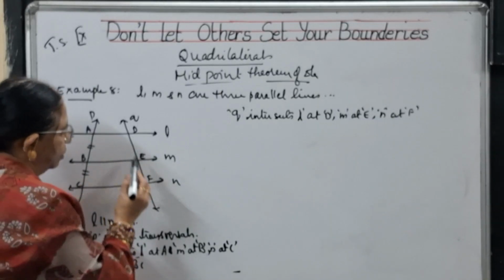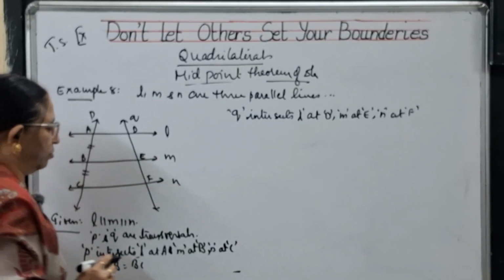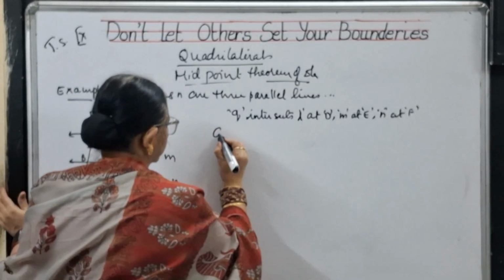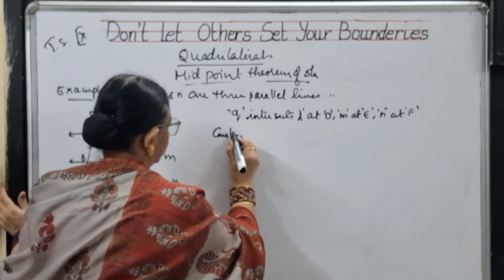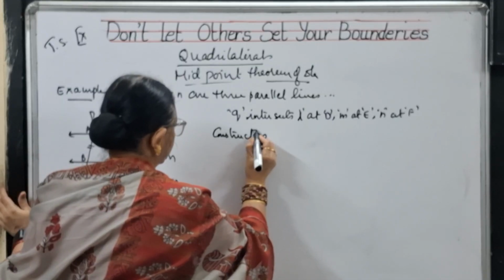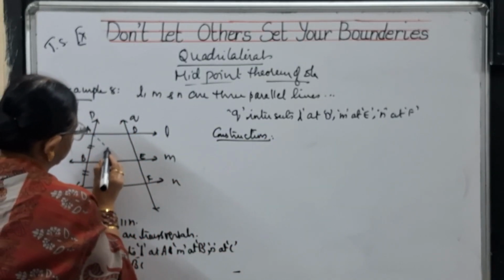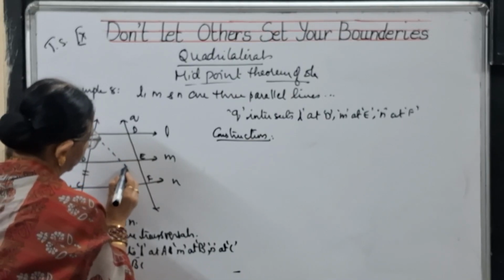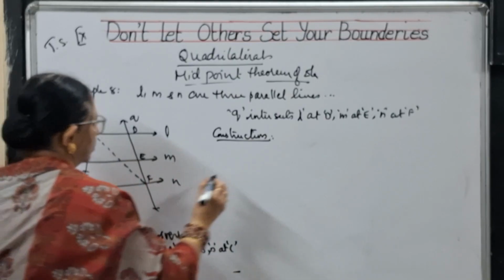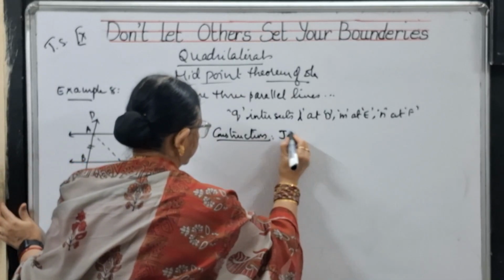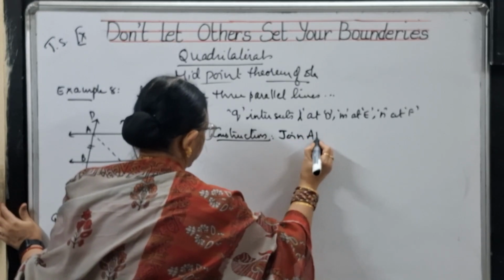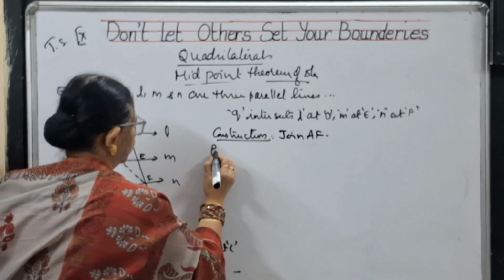We need to prove DE is equal to EF, and there is a construction. What is the construction, children? You have to join A and F. Join AF. Now the proof.